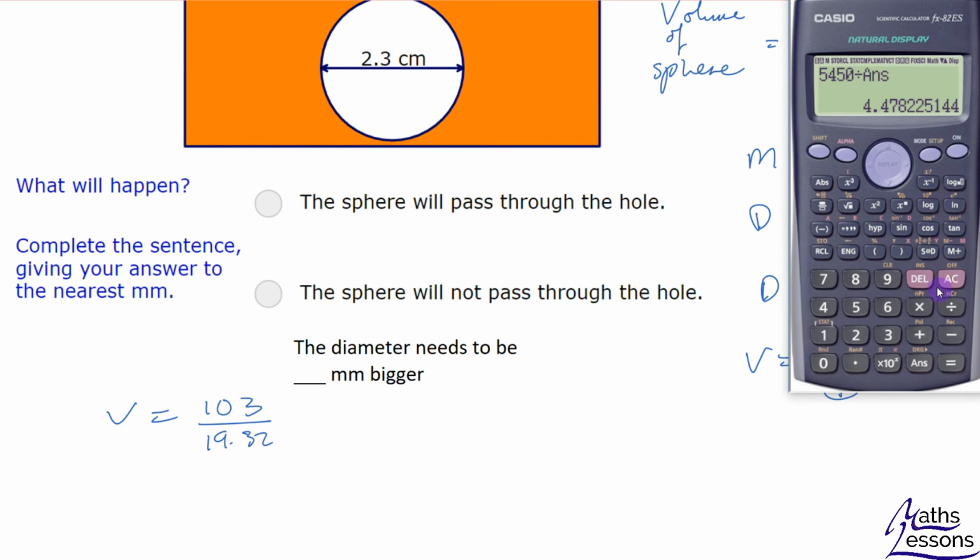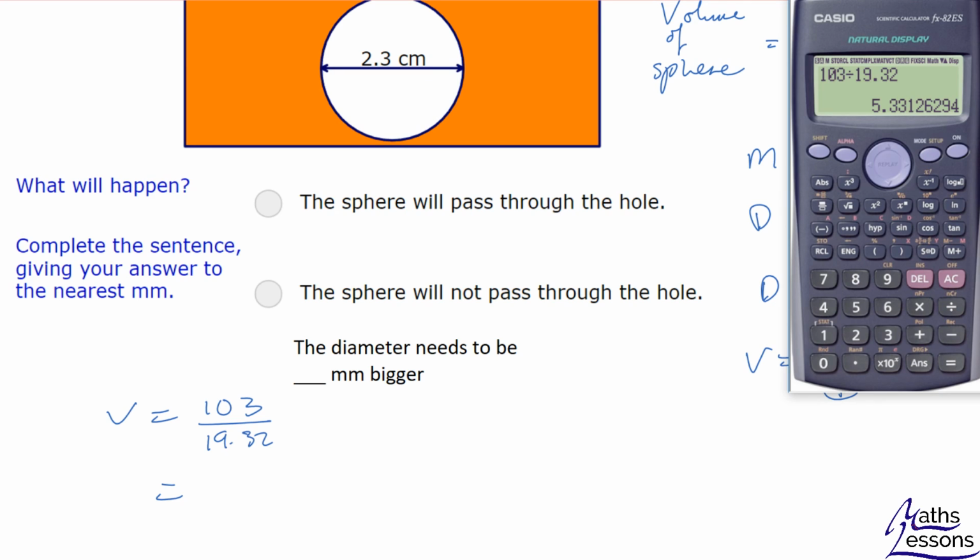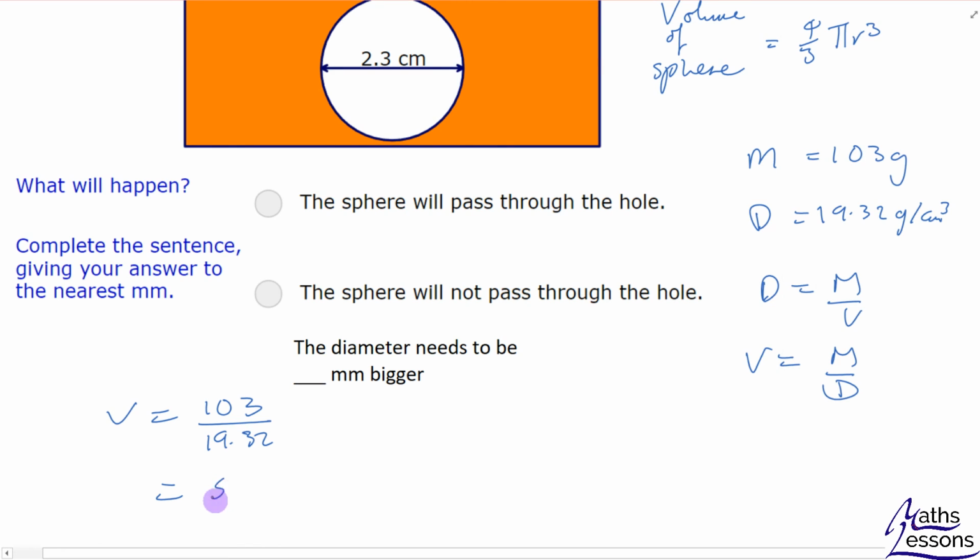So we can do 103 divided by 19.32 to give us our volume. Approximately equal to 5.33. Remember to keep all the numbers in your calculator to do the rest of the working. Now that's going to be equal to 4 thirds pi r cubed. I gave you the formula up here.